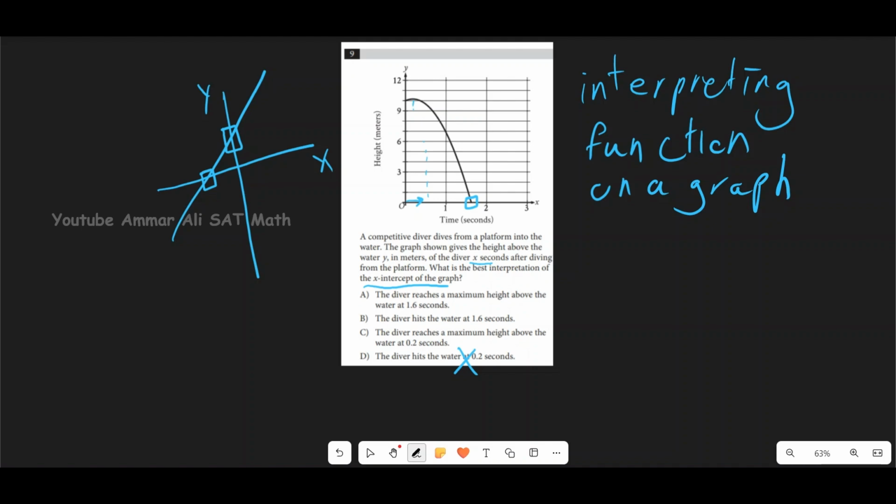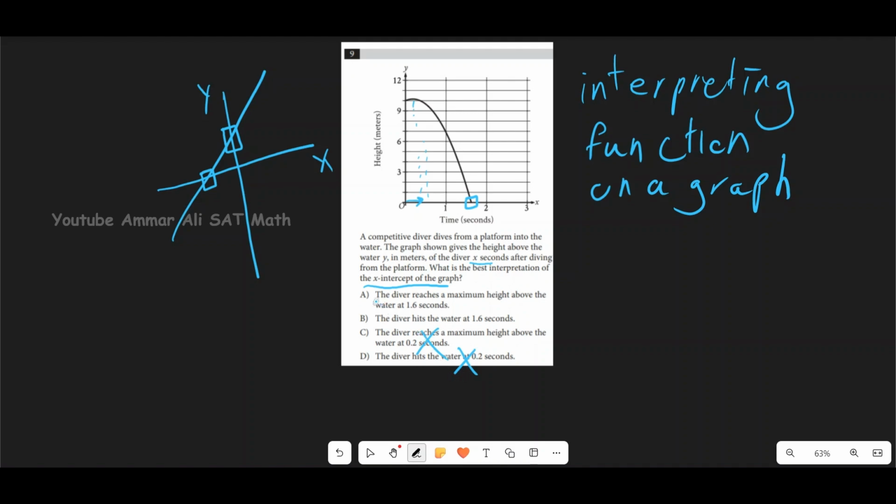That might be true, but remember, that is not an interpretation of the x-intercept, because the x-intercept is over here at maybe 1.6 or 1.8 seconds. It doesn't really matter, as long as we know it's much greater than 0.2. So we definitely know C and D are wrong.